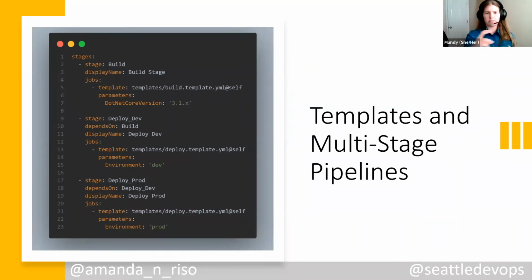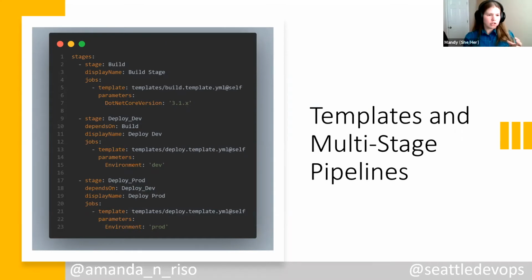That is within the build stage, and we're calling a build template. It's just a one-liner, which is really nice. And then we have some parameters, and we'll go over the parameters a little bit later. And then lines 13 and 21 really want you to pay attention to because it's the same exact template being called for different environments.